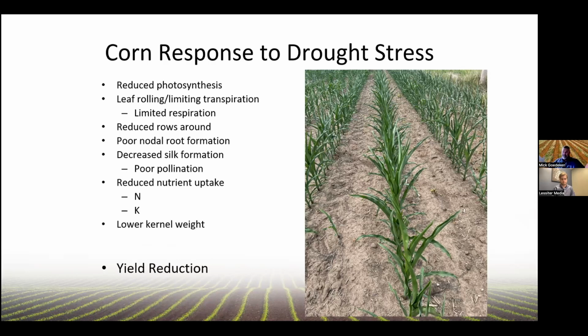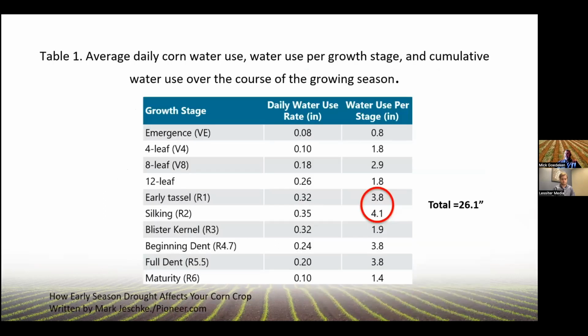All of this, as I said all along, it turns out to be yield reduction. And so we'll take some time and think about when it is most required to have that moisture for the corn crop. One of the things that we look at is the average daily water use.